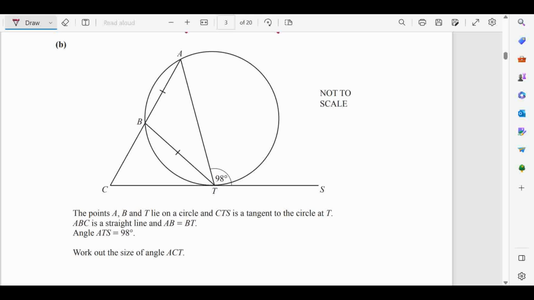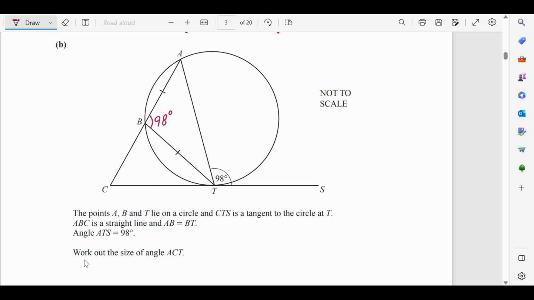These two lines are equal. Angle ATS is equal to 98 degrees. So if this angle is 98, this will also be 98 degrees using the alternate segment theorem.